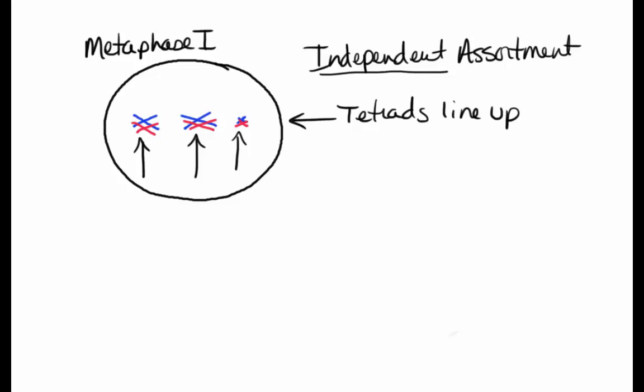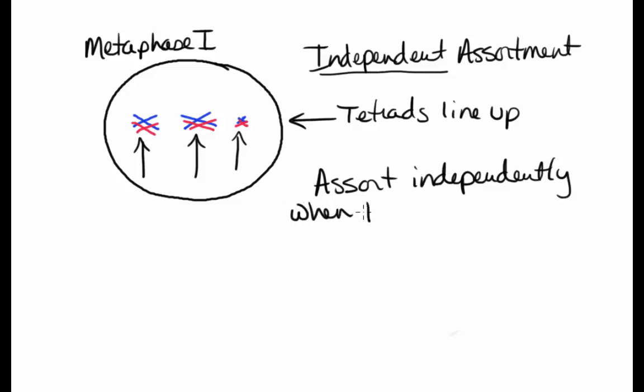So notice here that with independent assortment, if we were applying this to genetic crosses, the genes assort independently when they are on different chromosomes.